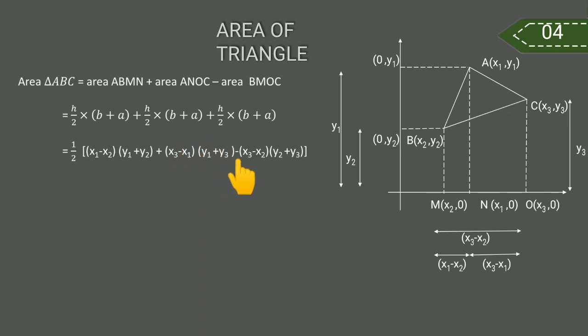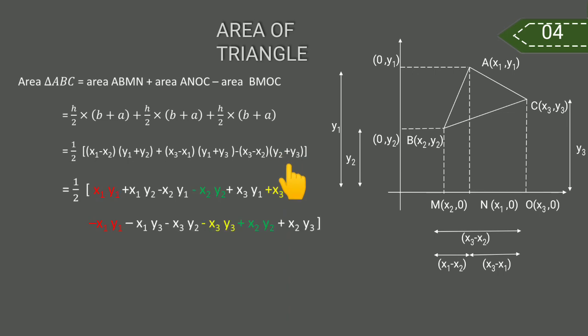Here a negative sign is there, so multiplying x3 with y2 gives minus x3 y2. In the same way, multiplying minus x3 with y3 gives minus x3 y3, minus times minus is plus, that means x2 y2, and again minus times minus is plus, which is x2 y3. So we get these terms.